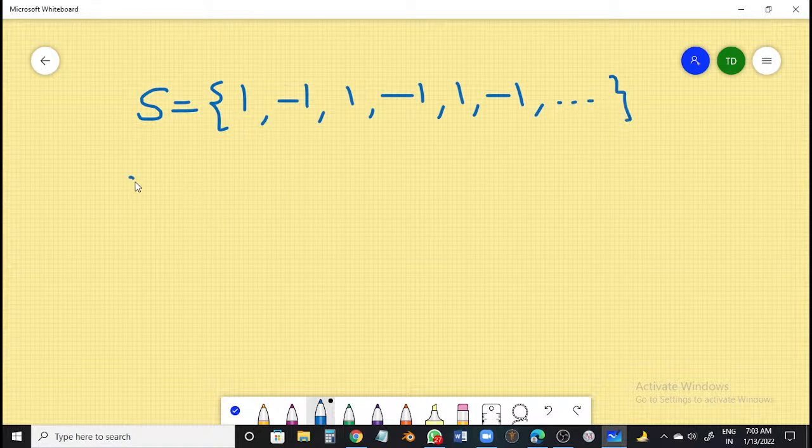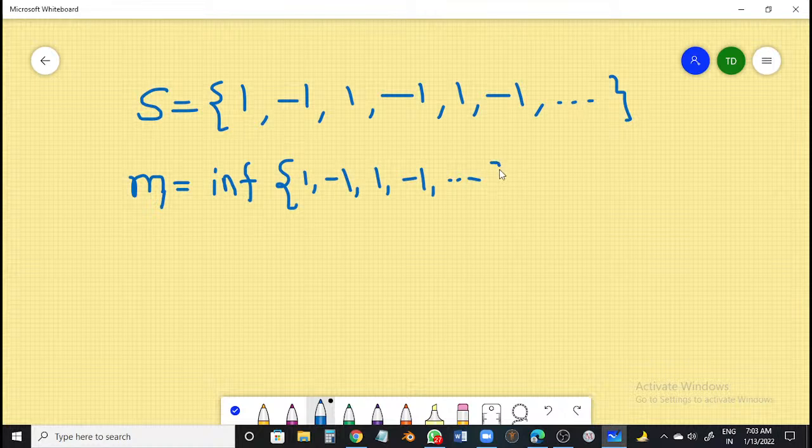If you talk about small m1, small m1 means infimum. Infimum means the greatest lower bound. So the infimum of this set 1, -1, 1, -1 and so on. What is the smallest value? It is -1.